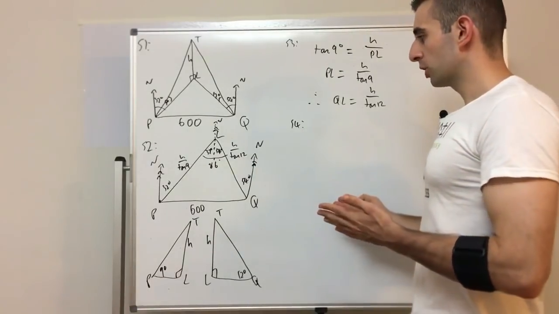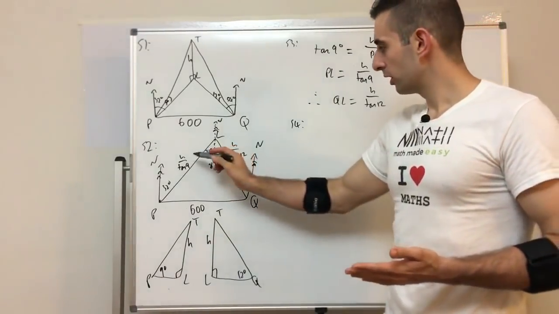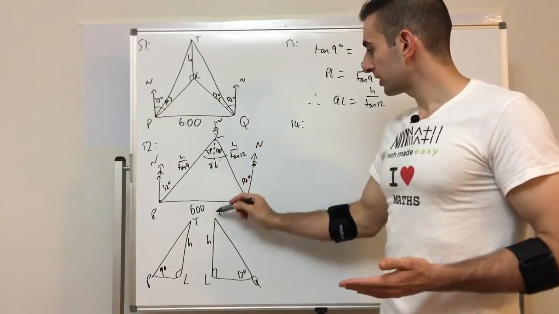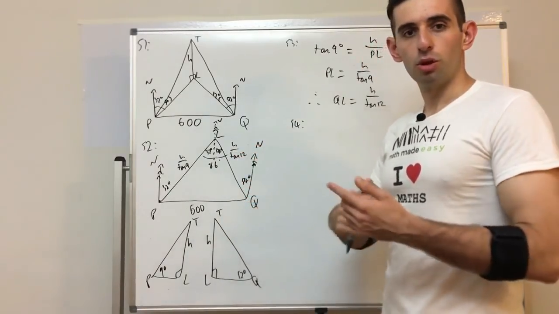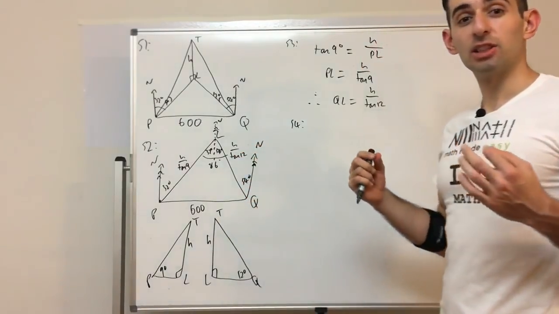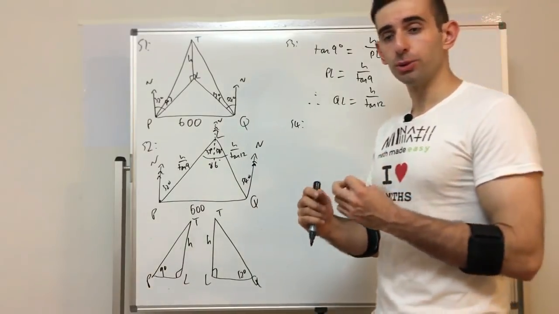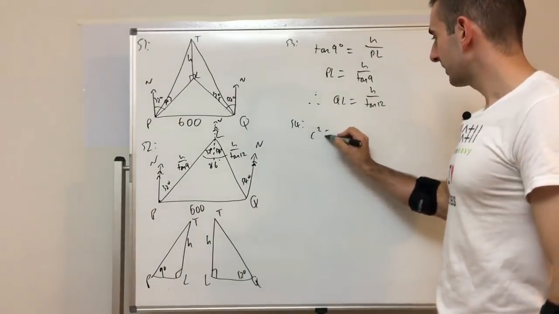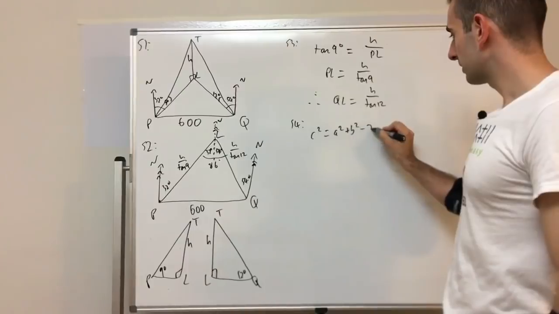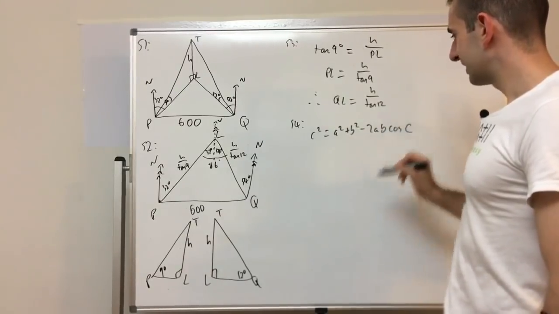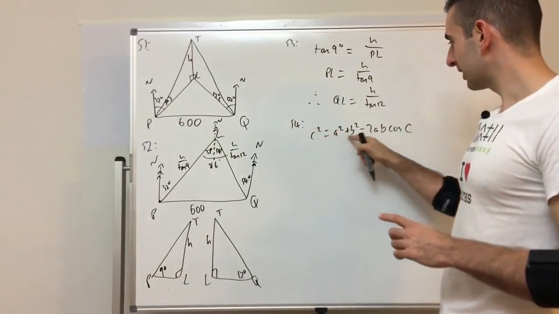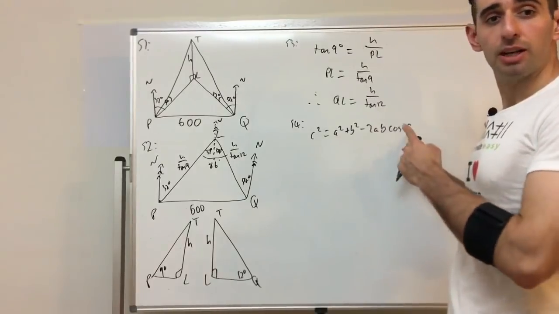So the trick with sine or cos rule is just look at what you're given. I've got 3 sides and an angle. So what formula relates that? That is the cos rule, right? Only the cos rule, which is c squared equals a squared plus b squared minus 2ab cos c, has 3 sides we can plug in and an angle. Sine rule can't do that.